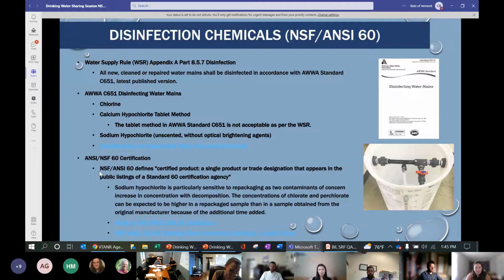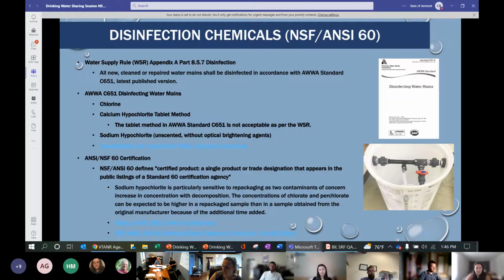There are a couple of different nuances to the NSF 60 certification. Sodium hypochlorite is pretty sensitive to repackaging, and in its decomposition, chlorate and perchlorate can be expected in higher amounts in repackaged samples.